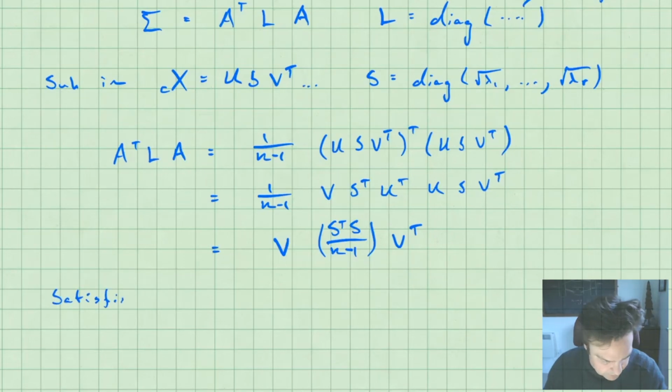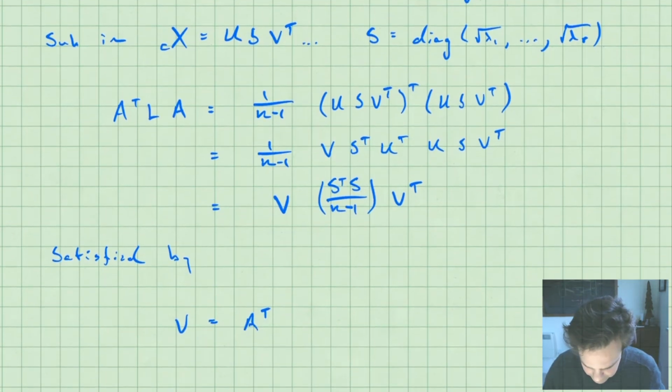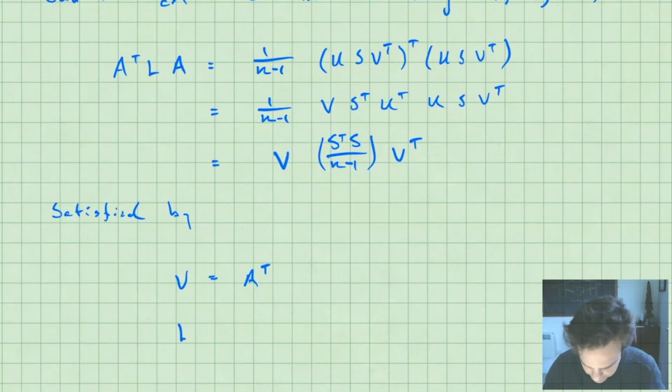This expression is satisfied by the following, right? So first of all, if you compare these things, V should be equal to A transposed, right? And L should be equal to S transpose S, which is sometimes called S squared, over n minus 1.